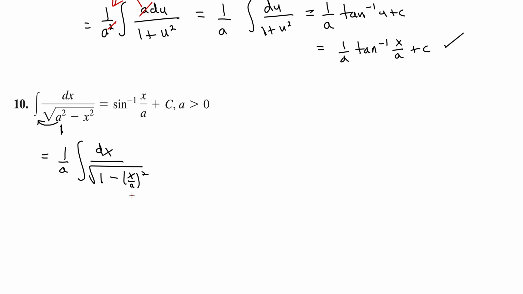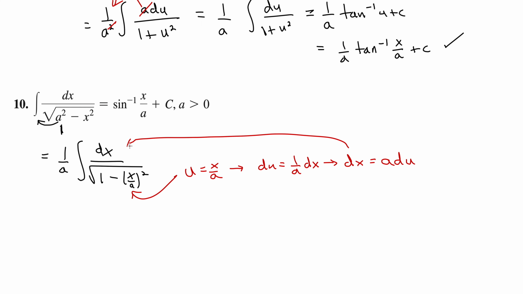And now we can go right to our substitution here. So we can see that u is x over a, so then du is 1 over a dx, and then dx must then be a times du. Plugging that in up here for dx in the integral, and rewriting things a little bit, we now have 1 over a times the integral of a du over root of 1 minus u squared.